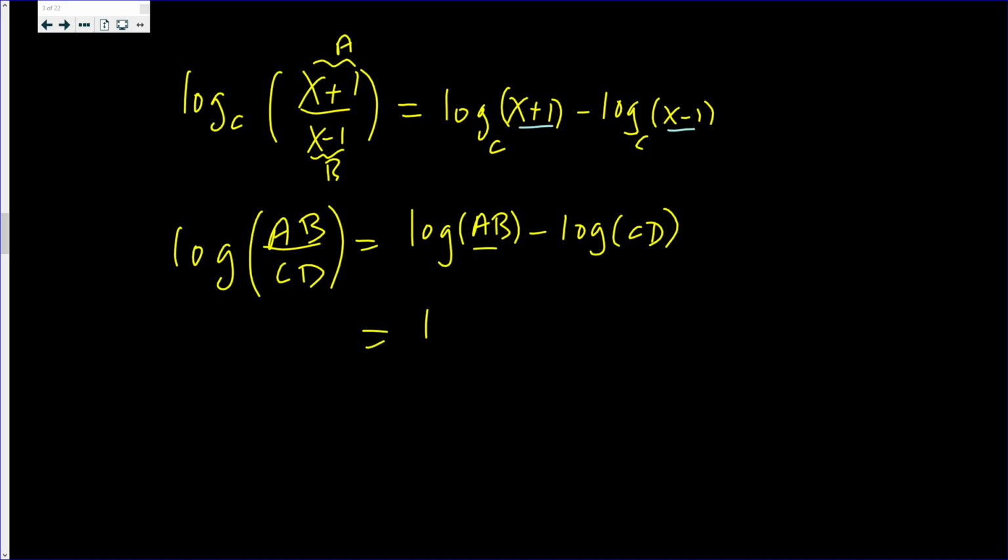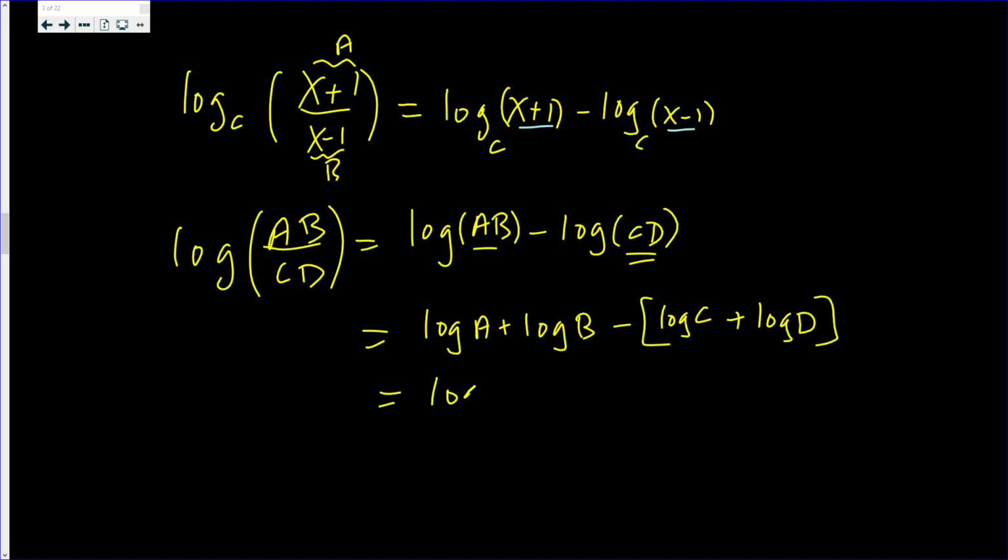But log of a product is log of the first plus log of the second, minus log of a product is log of C plus log of D. And this becomes log A plus log B minus log C minus a positive log D, that is minus log D.